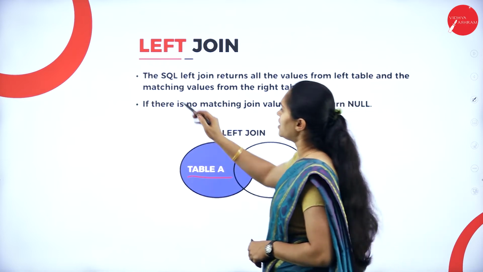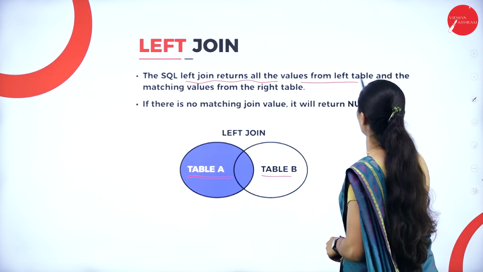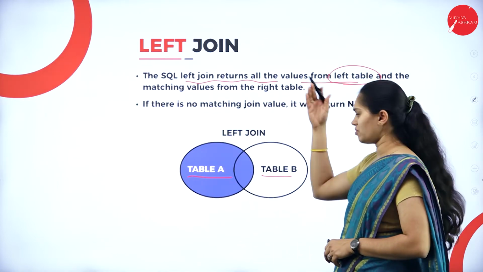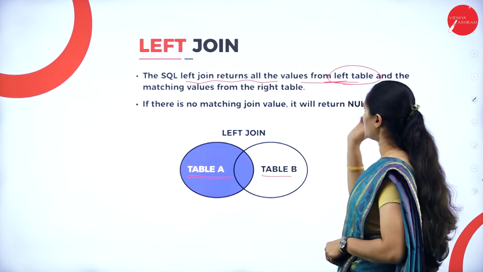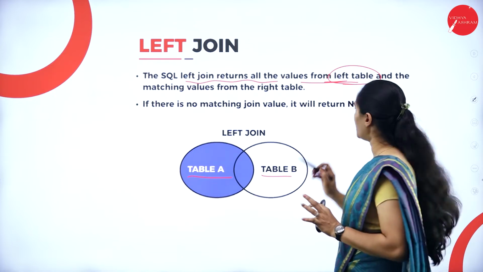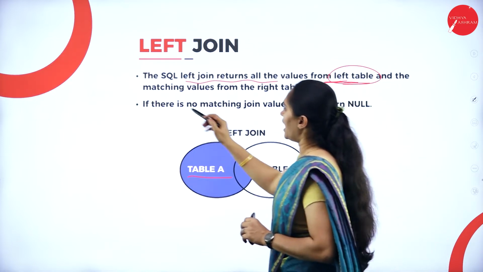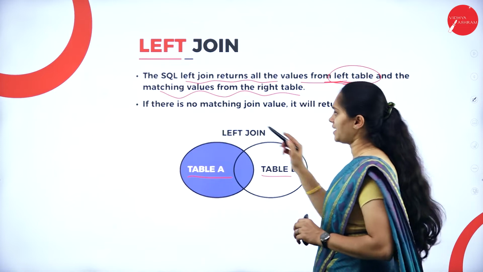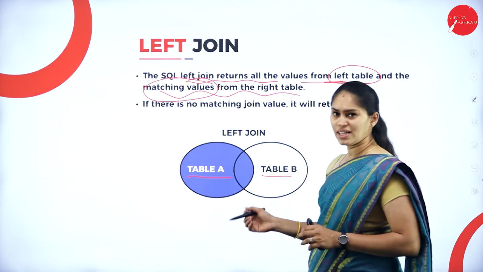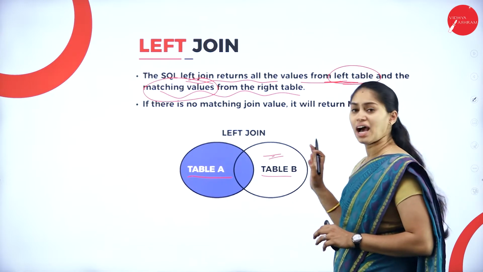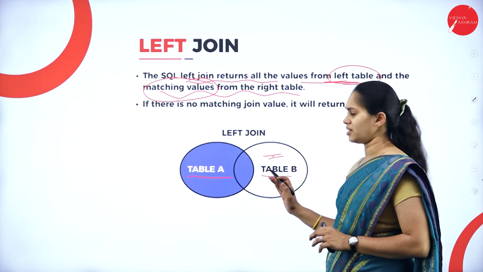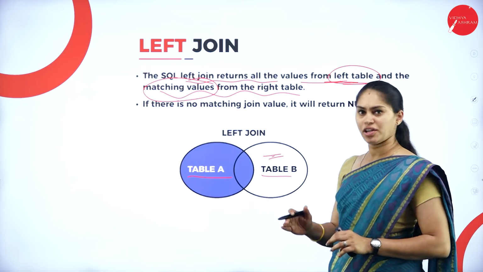So you can see here, SQL left join returns all the values from the left table, right? Whatever the values, whatever the query. Based on that, it is going to return all the values from the left table and the matching values from the right table. So it will return all the left table's content, but whatever matching content we have in table 2, or the right table, only that is going to be returned.